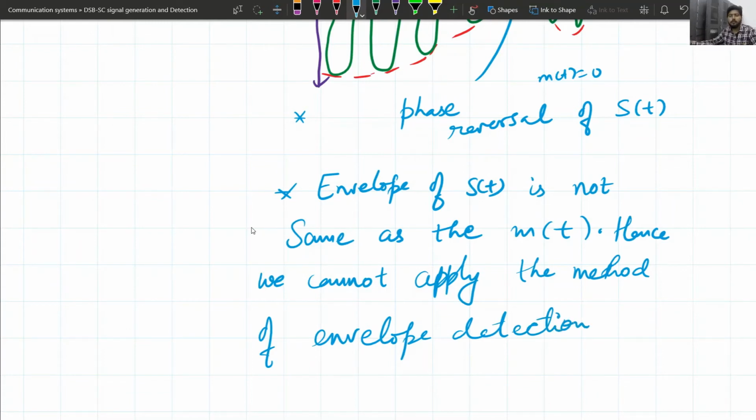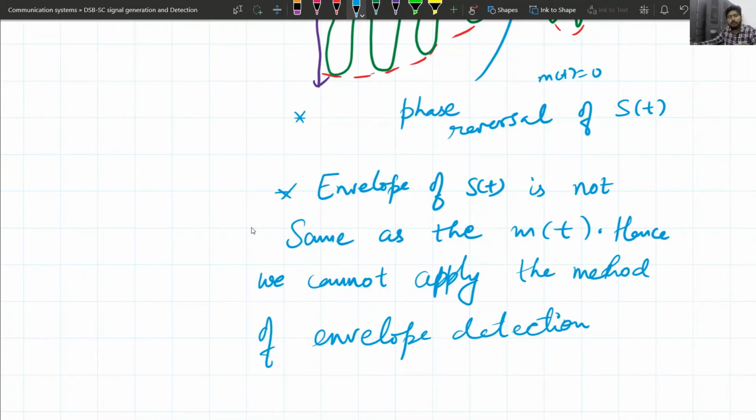So as we saw in the previous lecture, for the purpose of detection or the reconstruction of the message signal from the modulated wave at the receiver side, we had applied a very simple capacitor circuitry called the envelope detector.